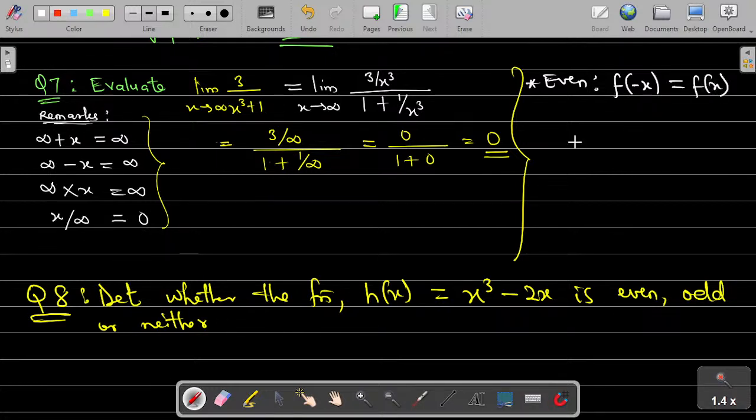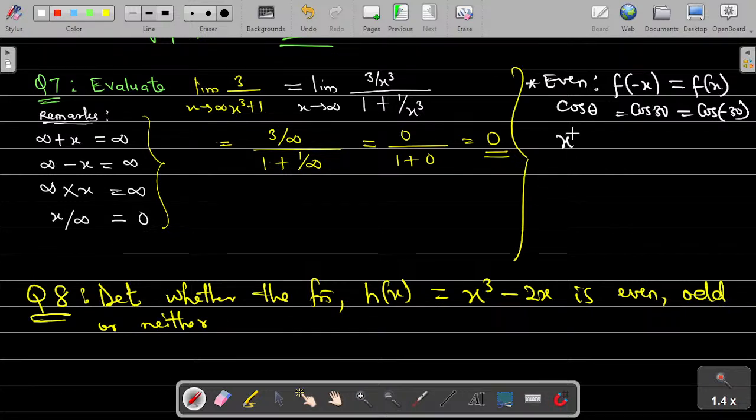It should be equal to f of x. That's even. What about odd? Okay, meanwhile, before I go to odd, examples of even are many. For instance, cosine is an even function. If you press in your calculator the cos of 30, you will discover that it's actually the same thing as the cos of minus 30. Okay, so cosine is an even function.